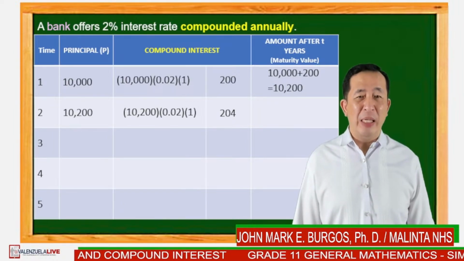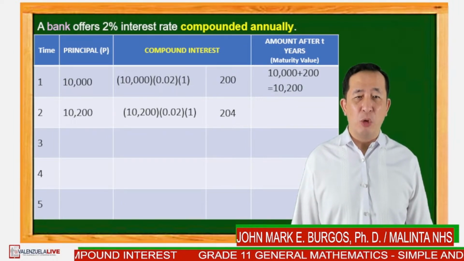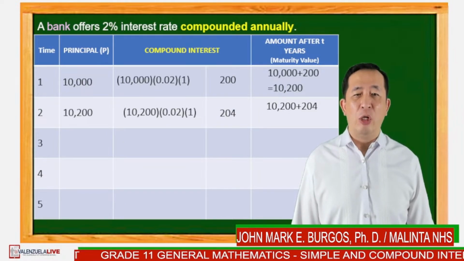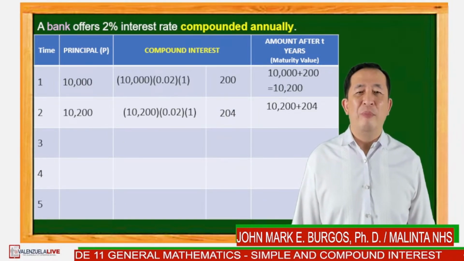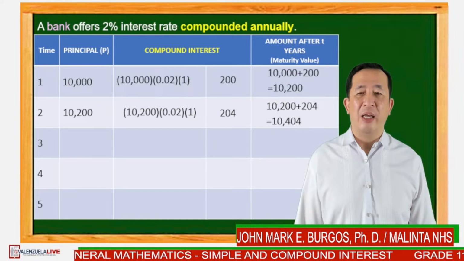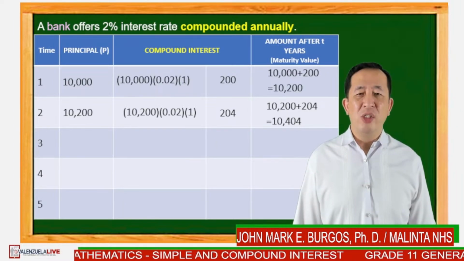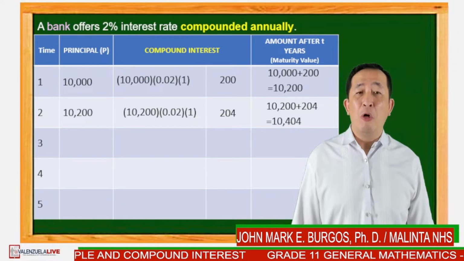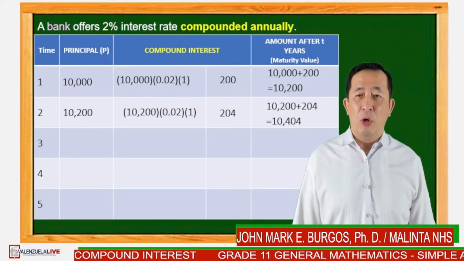Add that to the principal, we have 10,200 plus 204, and the maturity value after 2 years will be 10,404.